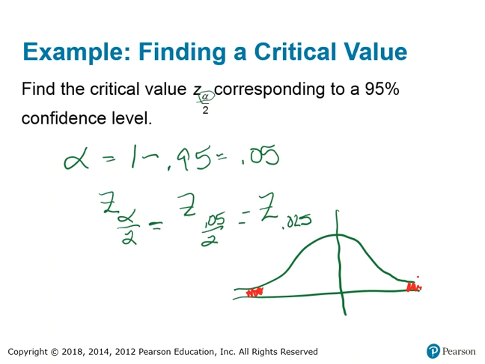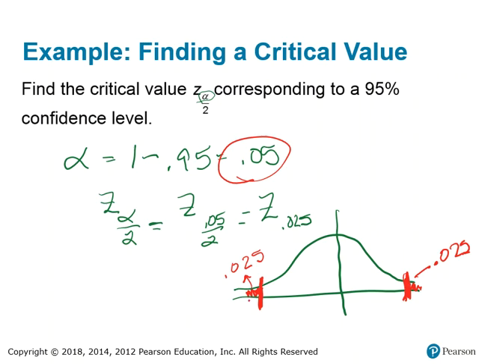What this is saying is that each tail has 2.5% of the data, because my 5% significance is in both tails. So I've split it so each tail has that. Now, to find this critical value that is separating my significant amount from my non-significant amount, either on the low side or on the high side, I have to use my z-score tables.